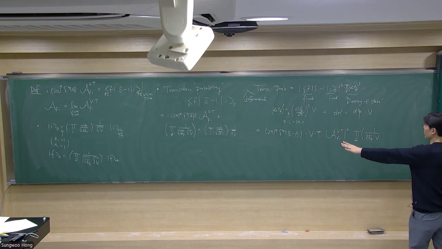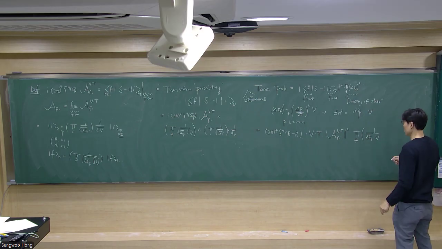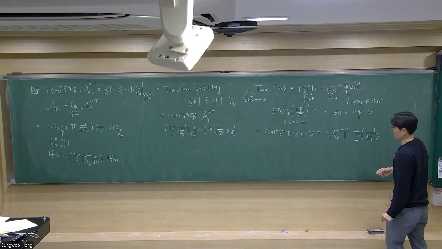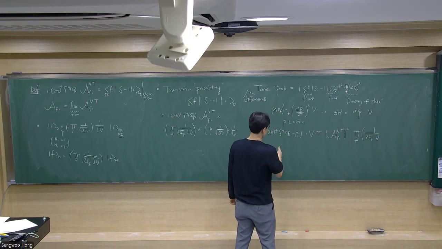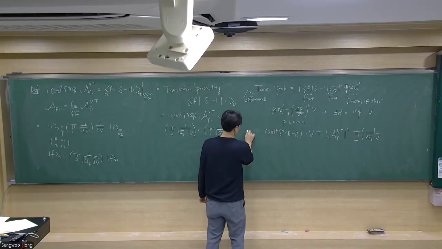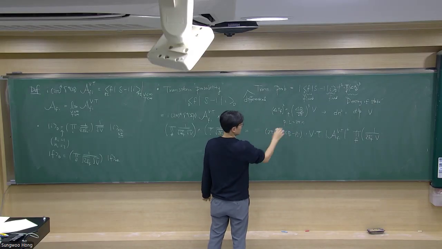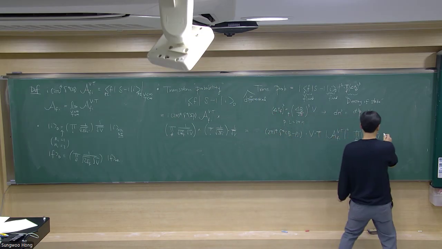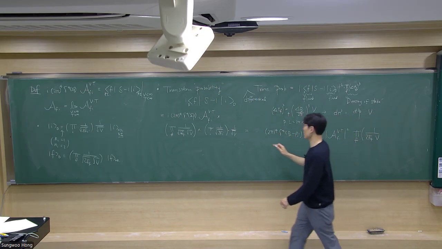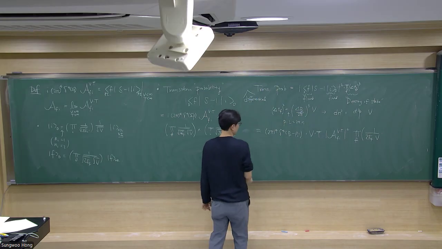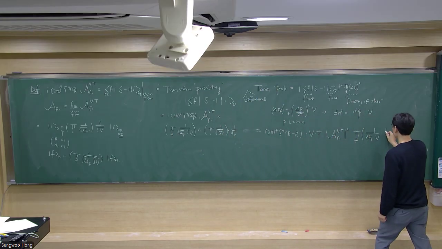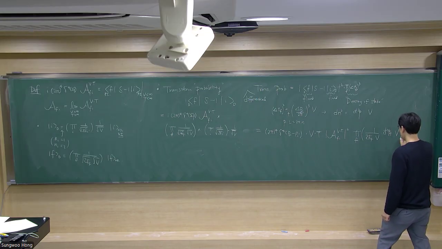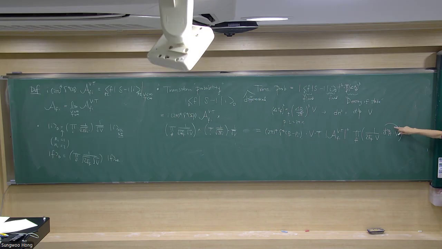But let me not stop there, because let me factor this in. For each final state particle, I have to put this factor times V. So that's the density of state factor.